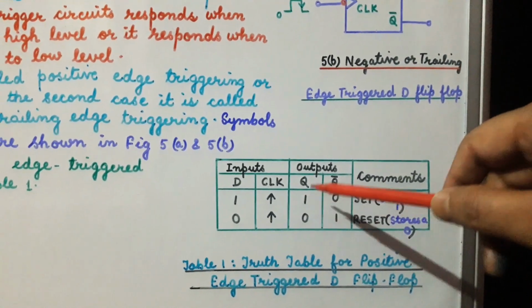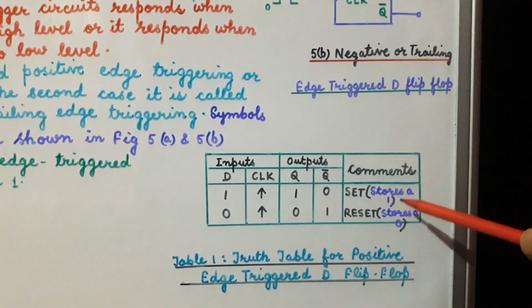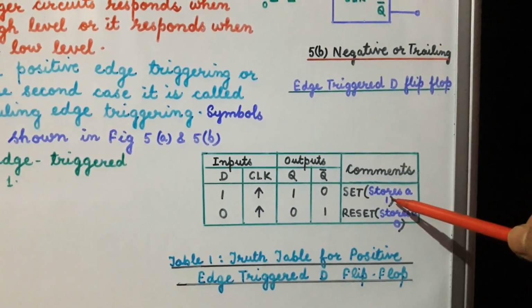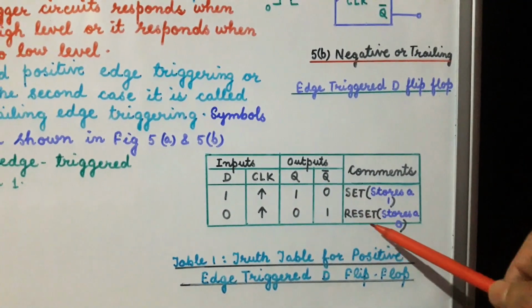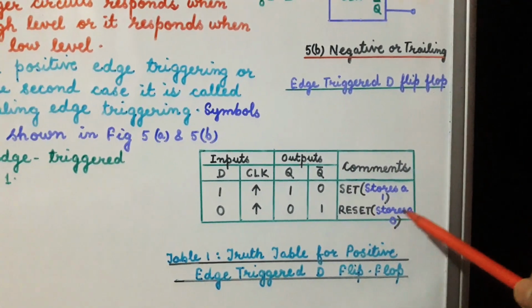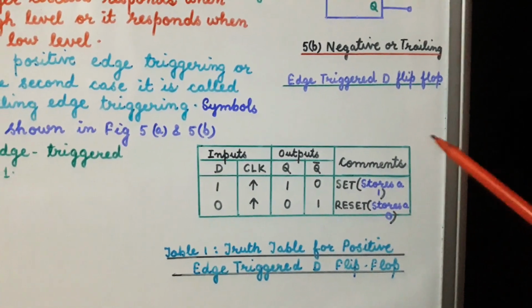So when the value of Q is 1, this will get set, that is, it will store a 1. Similarly, when the value of the output is 0, the flip-flop will get reset, that is, it will store a bit 0 as the binary information.